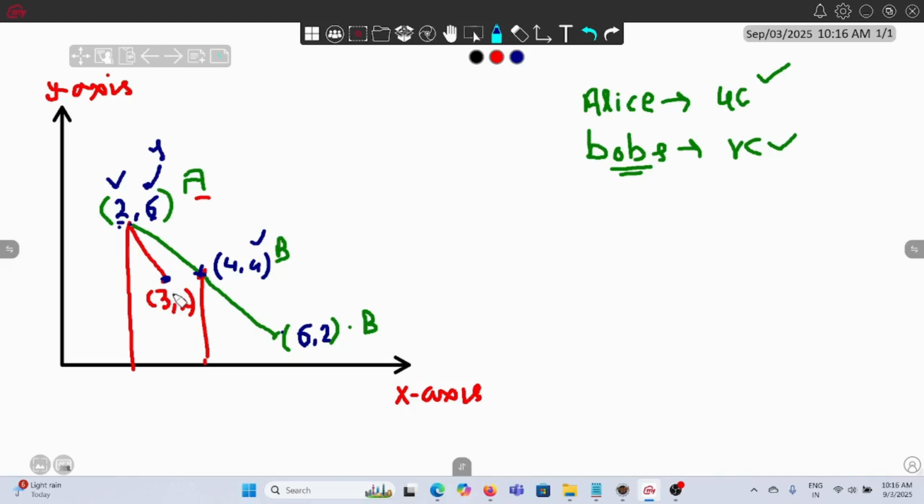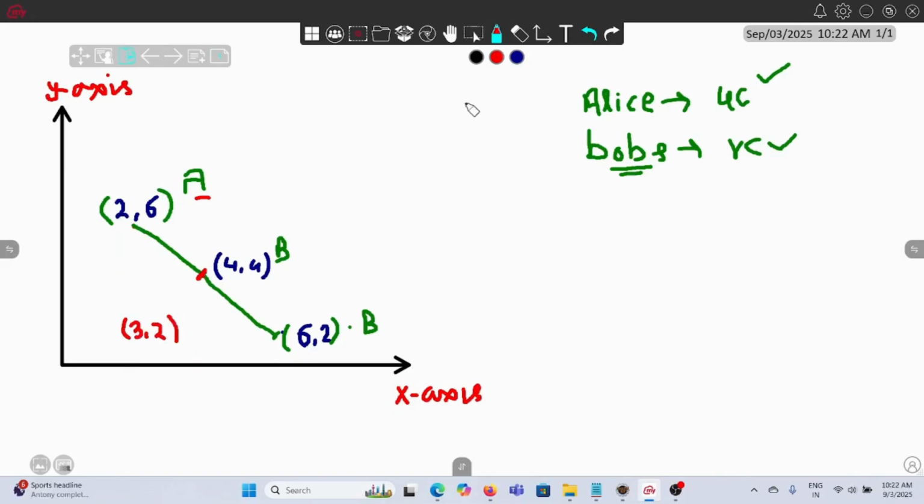If that condition is not matched, then we keep on going. Now it is not only a matter of finding one point, there could be multiple points where Alice and Bob can be placed, right? So we have to find all of them. So let's look at the code part of it.